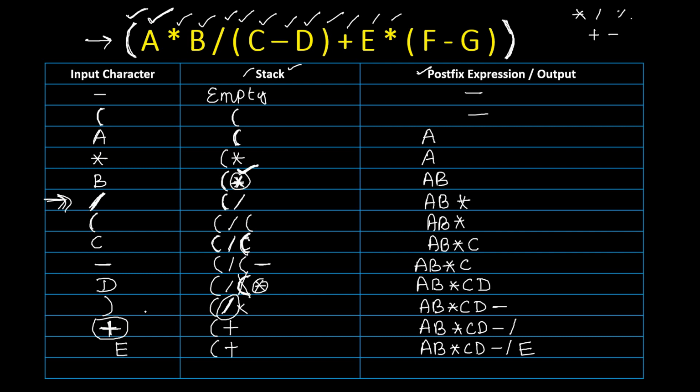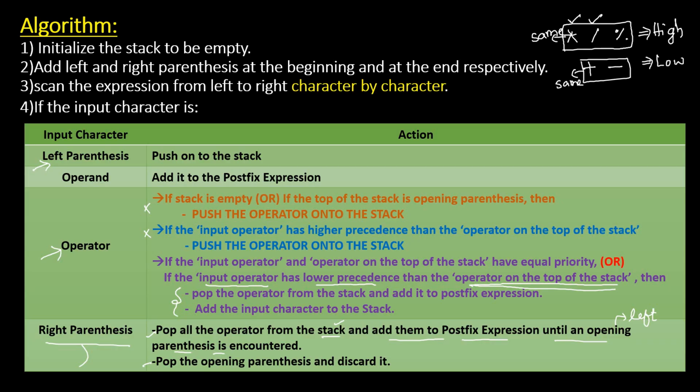And next one is multiplication. Now, whenever you have an operator, we have to do comparisons. So compare this input character, multiplication, with the operator on the top of the stack. So go to the algorithm and tell me which one is going to match. Whenever you have an operator, the first one will not match, but the second one is going to match. So if the input operator, that is our star, has higher precedence than the operator on the top of the stack.